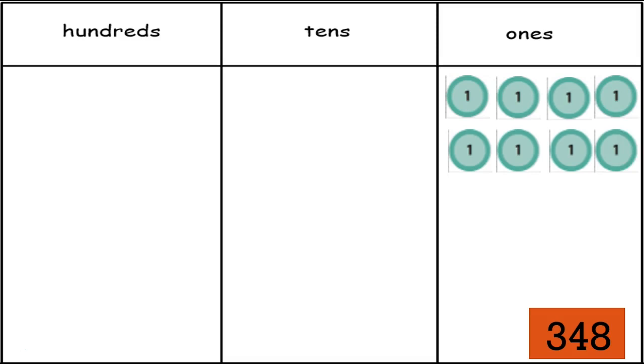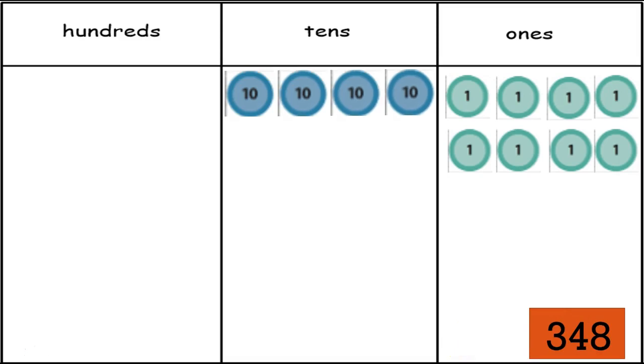How about 10s? How many 10s discs do I need? 4. Good. Let's count that out. 1, 2, 3, 4. Let's skip count by 10s to see how many we have. 10, 20, 30, 40.